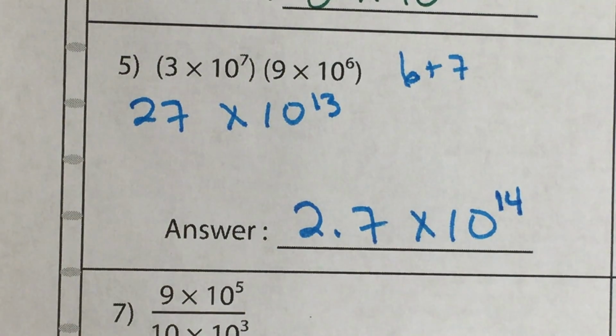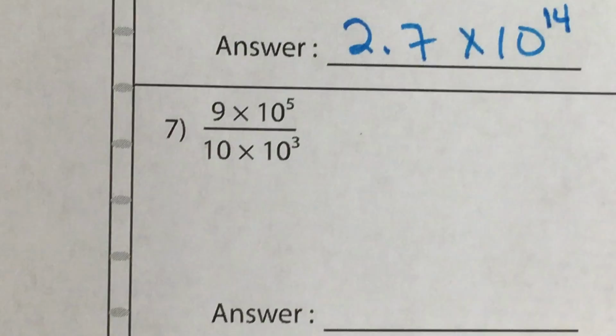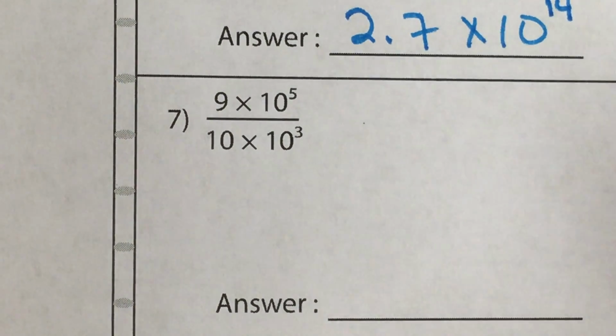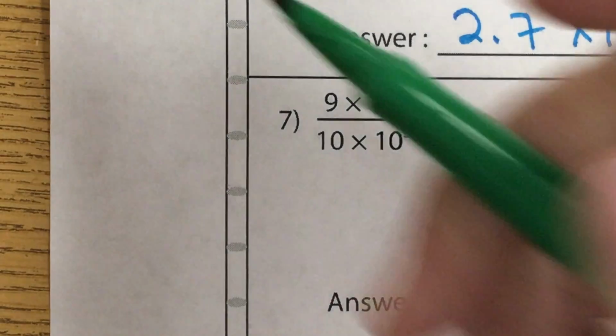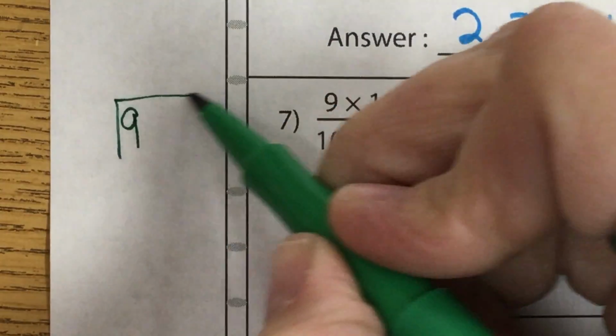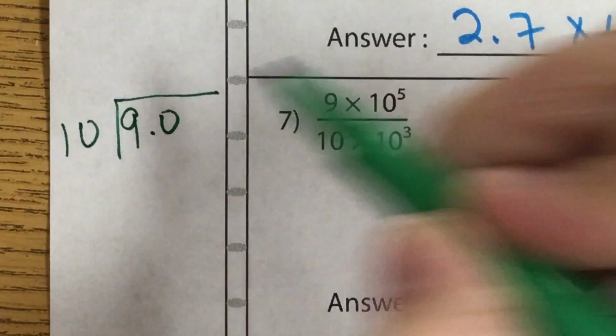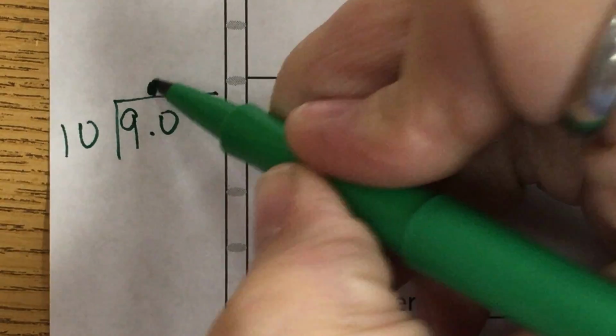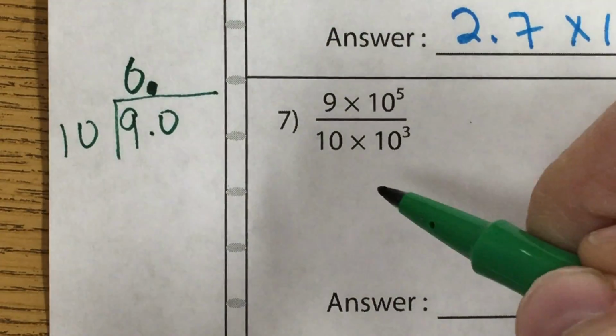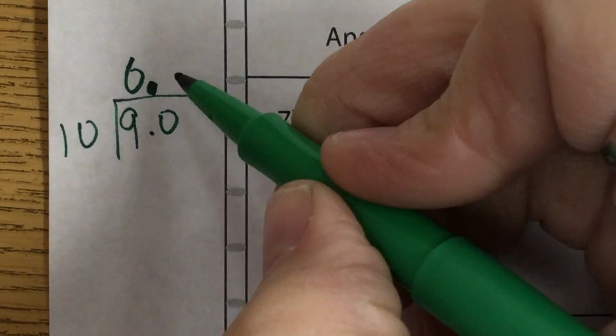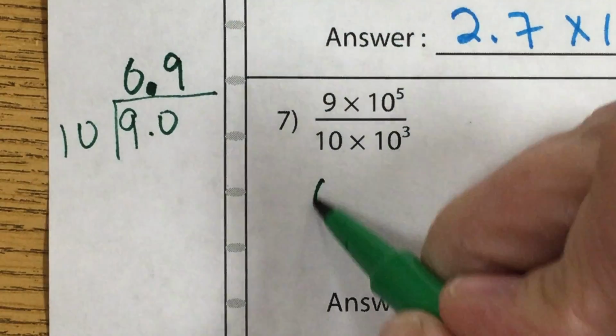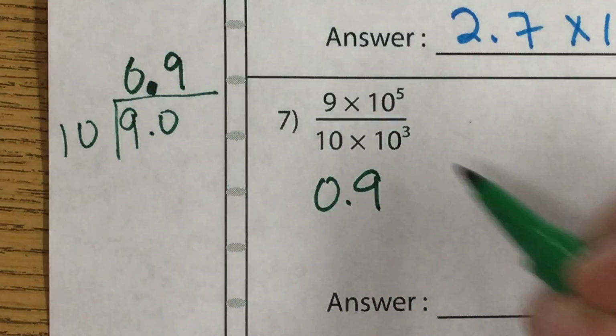And last but not least of my part is number 7. Now hopefully we know what 9 over 10 is. But if you don't know what 9 over 10 is, then you can go ahead and divide 9 divided by 10. Decimal point, 10 doesn't go into 9 evenly. 10 goes into 90 9 times, so 0.9.